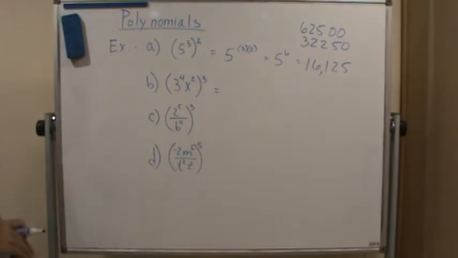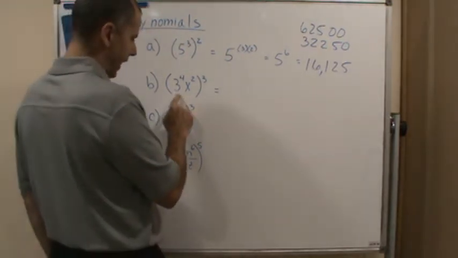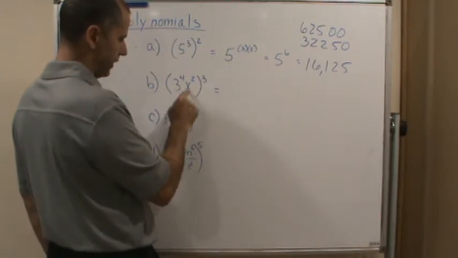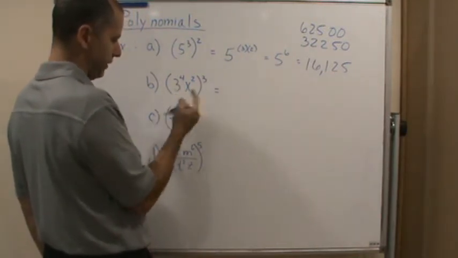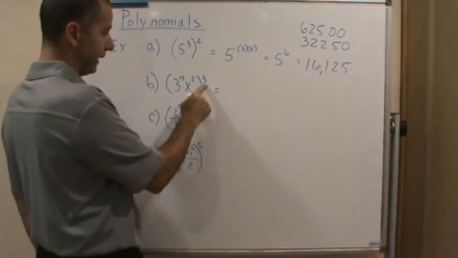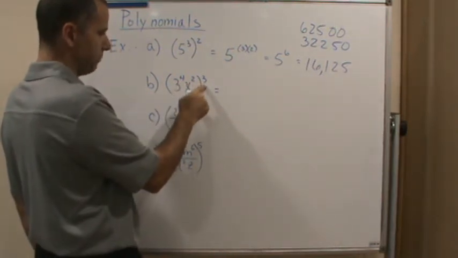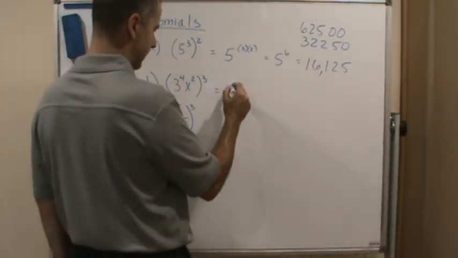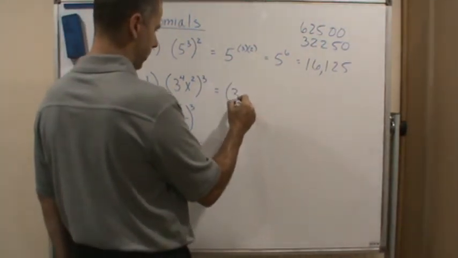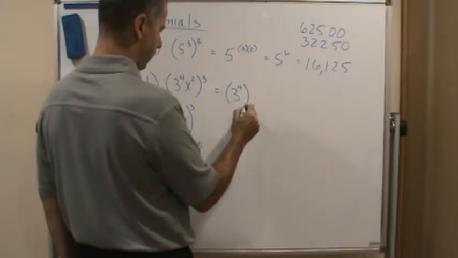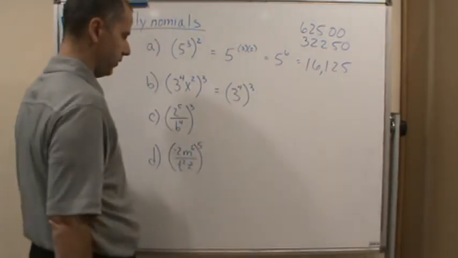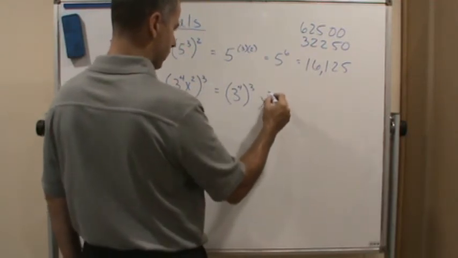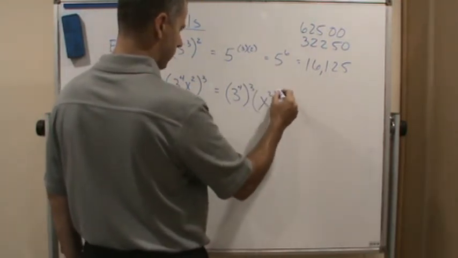So now what we're going to do is, okay, I'm going to distribute again. I can't combine these because they don't have the same base, obviously. But I can distribute, so I can use the power rule here, and I'm going to distribute and say that this is going to be equal to 3 to the 4th to the 3rd times x squared to the 3rd, right?